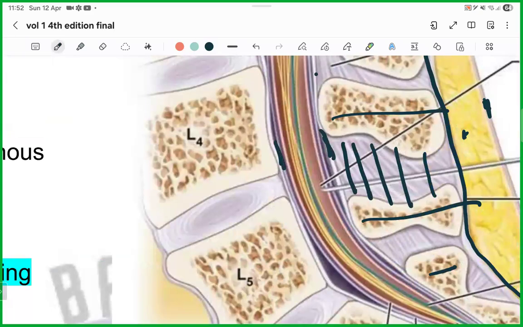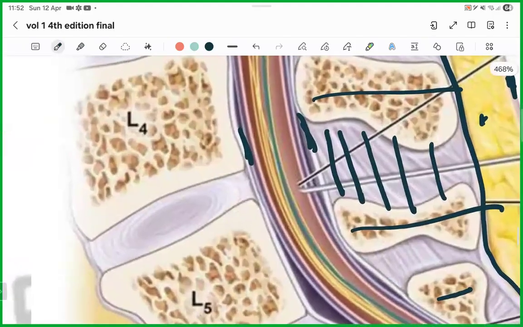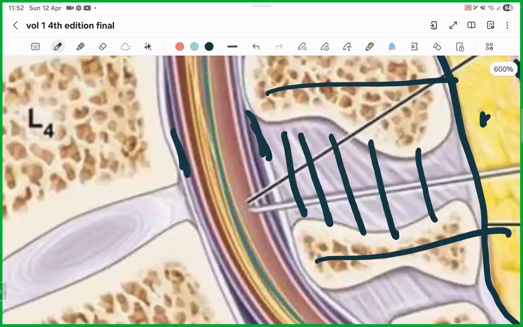Now inside the vertebral canal we would have the spinal cord, but at this level we don't have spinal cord. So that's why we do CSF aspiration at this level.